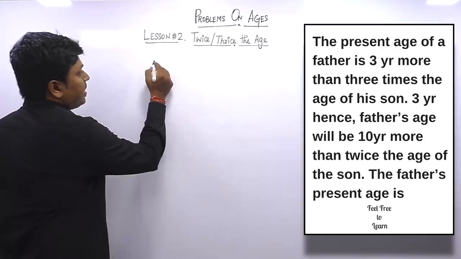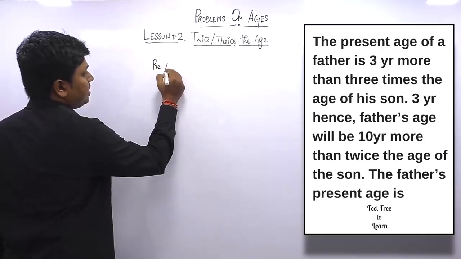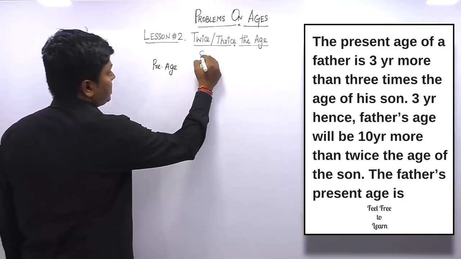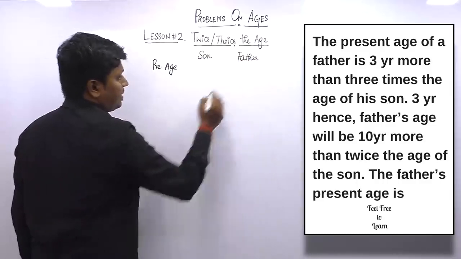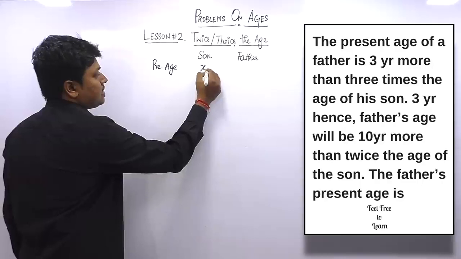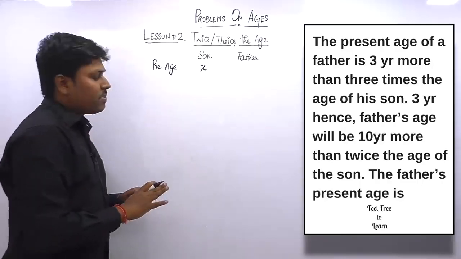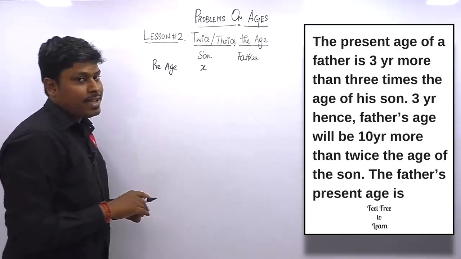So initially let me assume the present ages of the son and the father. Let me assume the son's age is x, because we don't know both persons' ages.